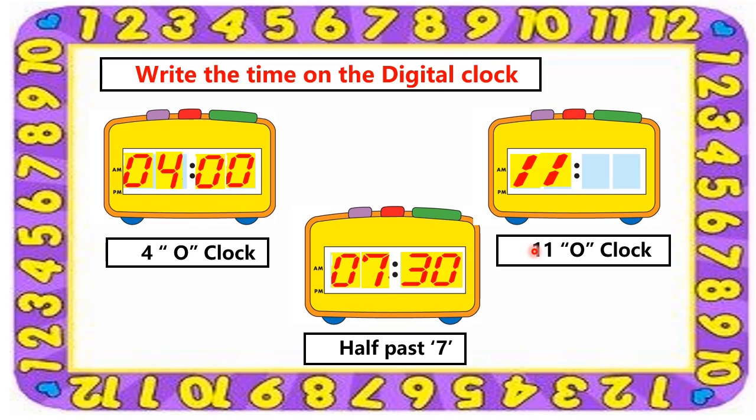Then we write two zeros because in 11 o'clock there are 11 hours and 0 minutes. So it's 11 o'clock. Right, class?